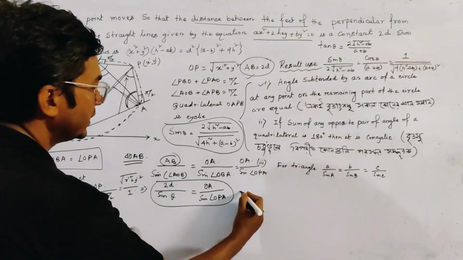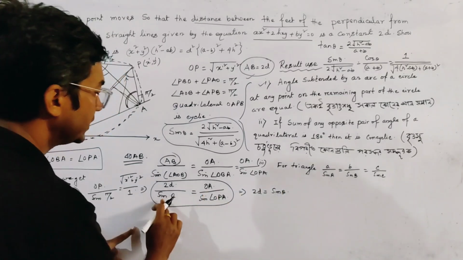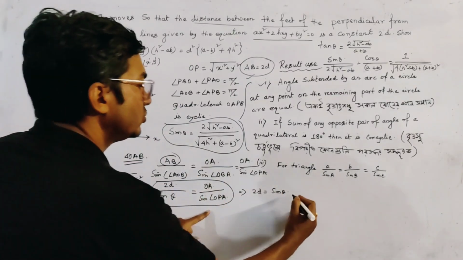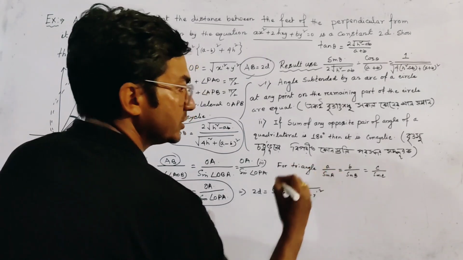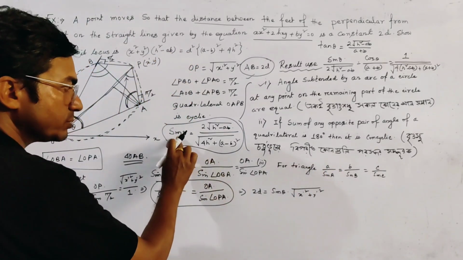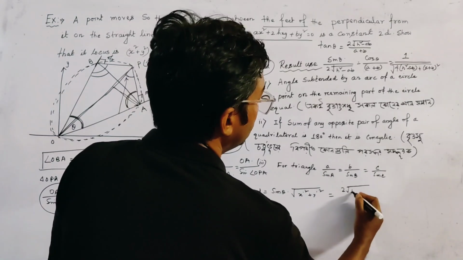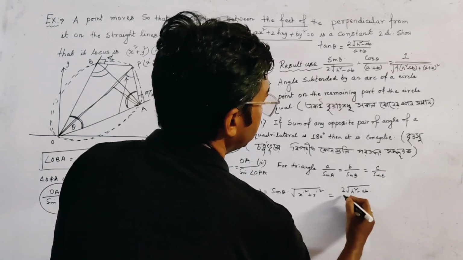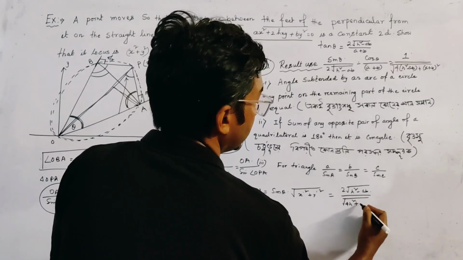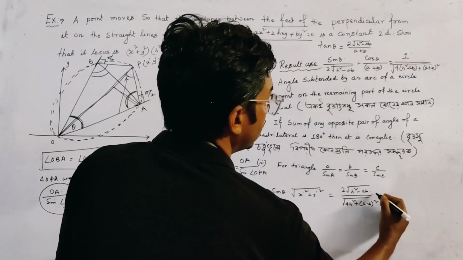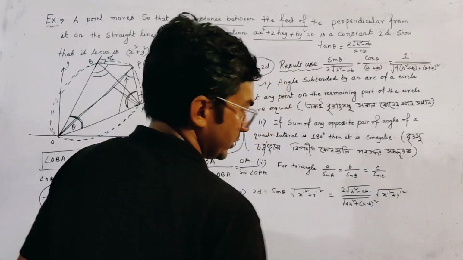Here we get the relation as 2D equal to sine theta multiplied by root under x dash square plus y dash square. Okay. Now putting the value of sine theta, which is given by 2 into root under h square minus AB by root under 4h square plus a minus b whole square, into x dash square plus y dash square.